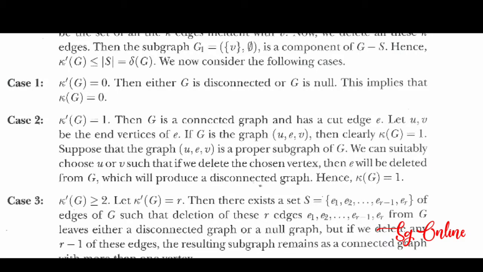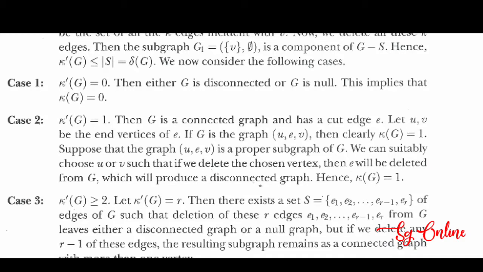So if kappa dash is equal to 1, then kappa is also equal to 1. Because if there is a cut edge, and you delete any endpoint of that cut edge, the graph becomes disconnected. So when the edge connectivity is 1, the vertex connectivity is also 1.